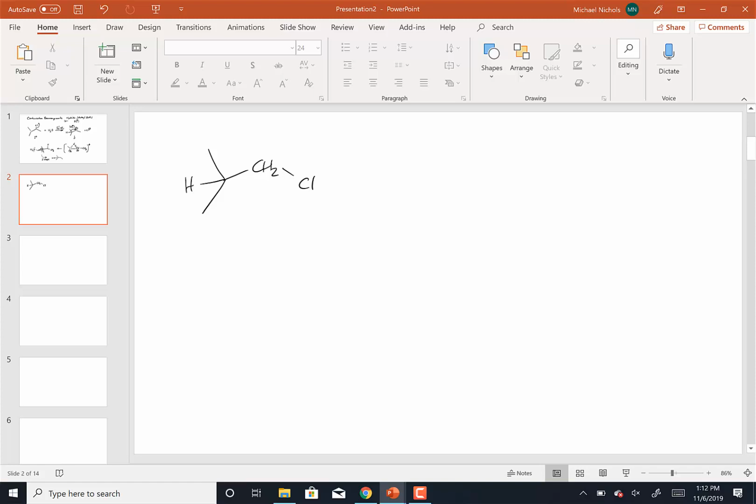The ways that I would use to form carbocations are, for instance, let's say I added silver plus to that. If the chloride could be removed by the silver, it would form silver chloride. And remember from general chem, the silver chloride's insoluble.